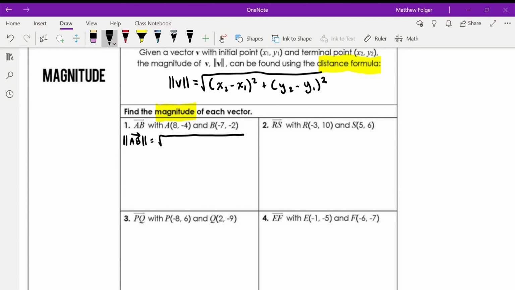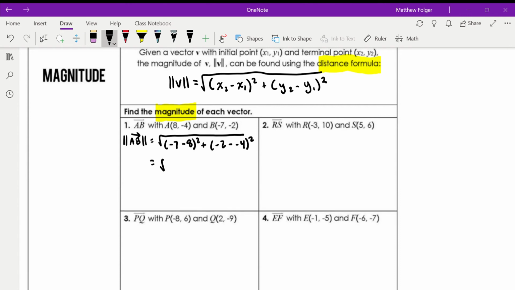So x2 minus x1. Well, x2 is negative 7, x1 is 8, and then y2 minus y1 is negative 2 minus negative 4, which again, remember, you can change that to a plus if you want.